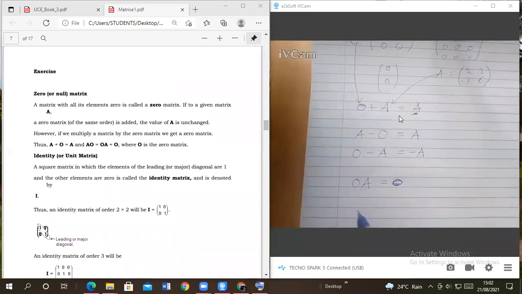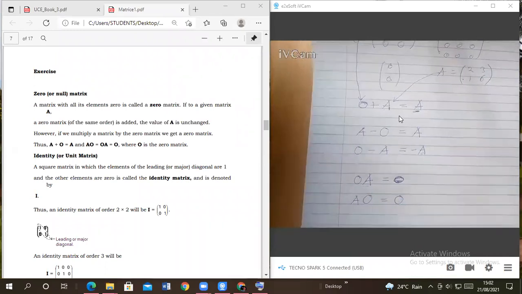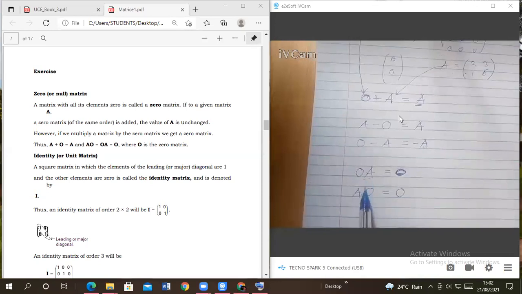It will give you the same result as getting A times that zero matrix. So the order here doesn't matter. So this multiplication of a zero matrix with any other matrix is commutative, whereby O times A is the same as A times O. The order does not matter for a zero matrix.